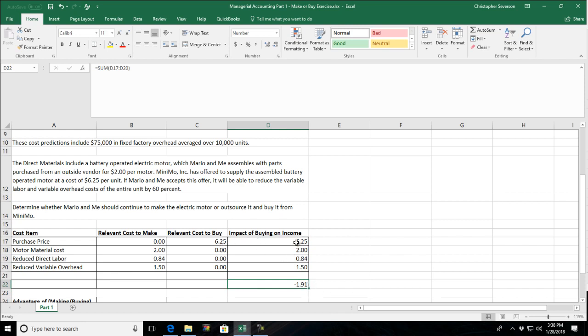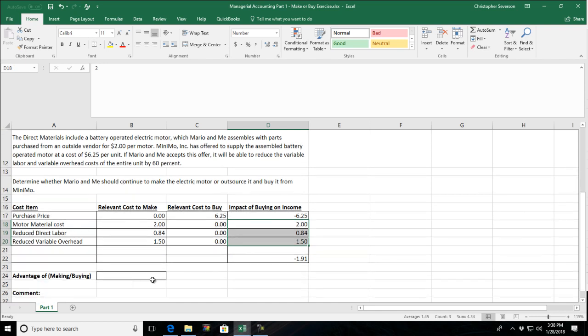It's going to cost us $6.25 to buy, whereas the only benefits we're losing by making are the $4.34. So we're spending more buying this part than we would be saving from the materials, the labor, and the overhead. So in the end, the advantage is actually to make.